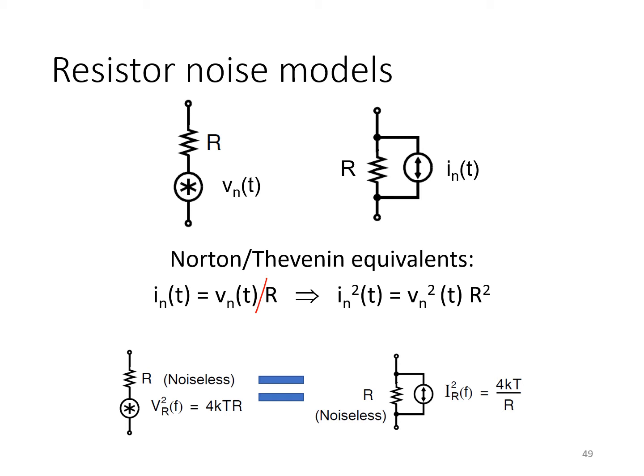So we can just square both sides of that expression, giving rise to the relationship shown here. And therefore, the power spectral density of the Norton equivalent noise current source is, instead of 4kT times R, 4kT divided by R.